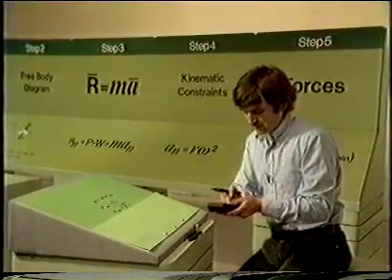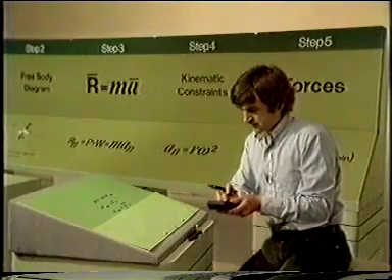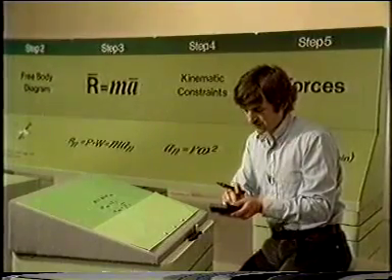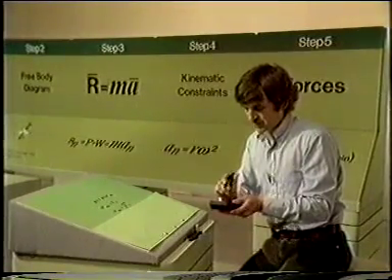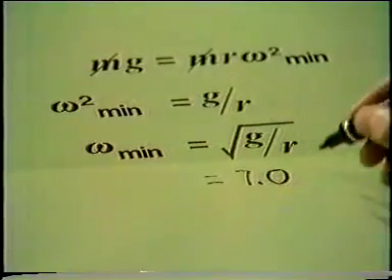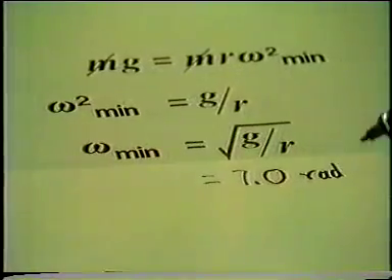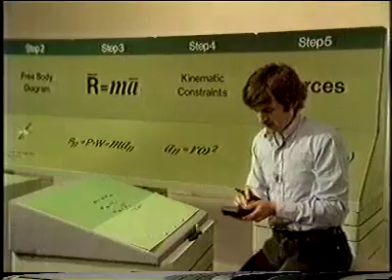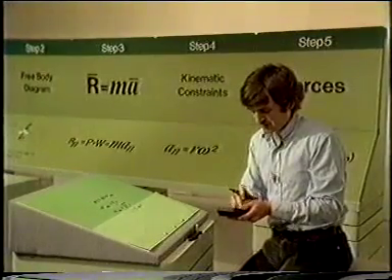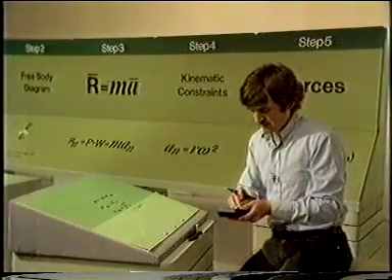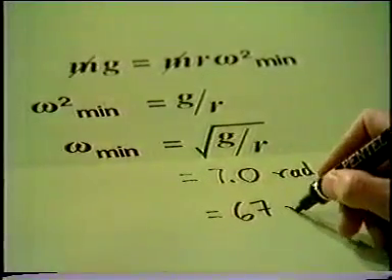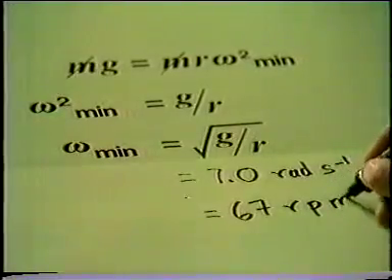Square root of 9.81, gravitational acceleration, divided by 0.2, radius of the wheel, square root, and that comes to almost exactly 7 radians per second, or 7 times 60 divided by 2 pi, which equals 67 revolutions per minute.